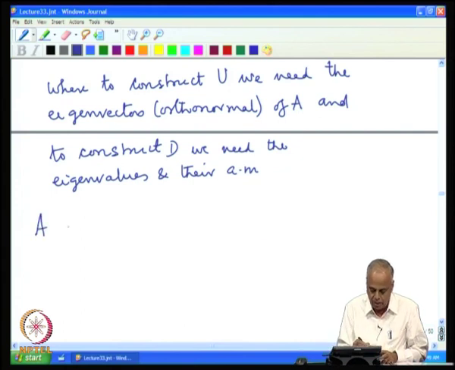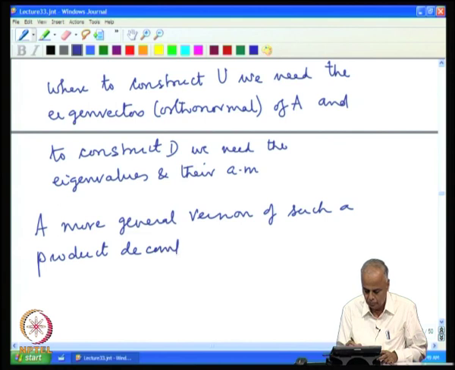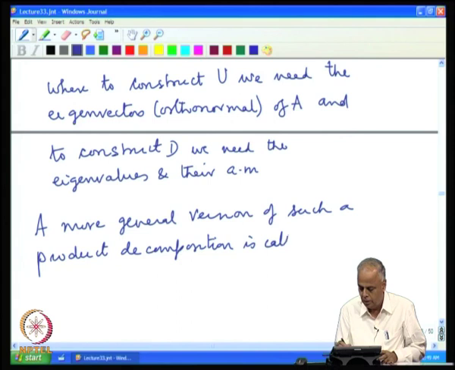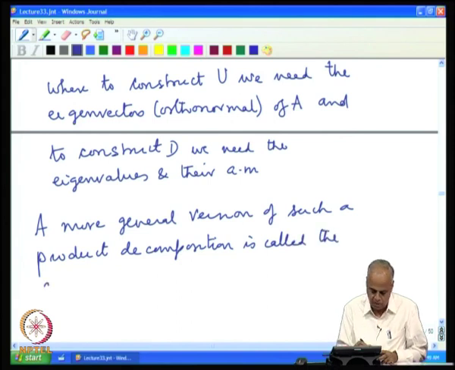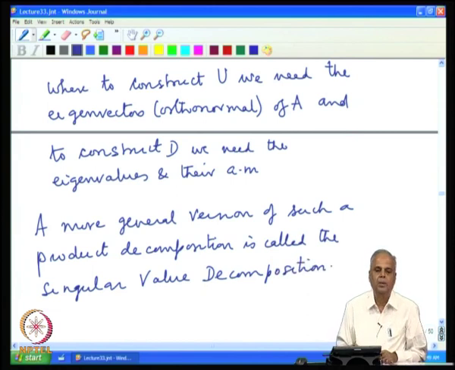Okay. So, a more general version of such a product decomposition is called the singular value decomposition, which is our ultimate goal. We will eventually get to that more general version of this type of product decomposition.